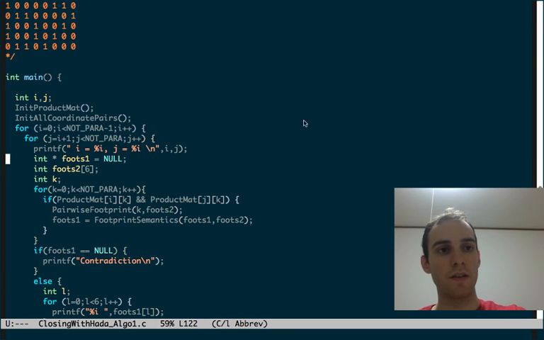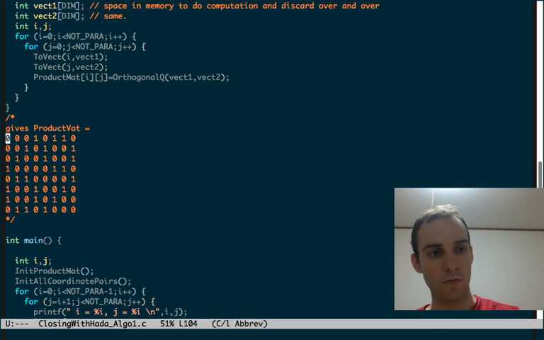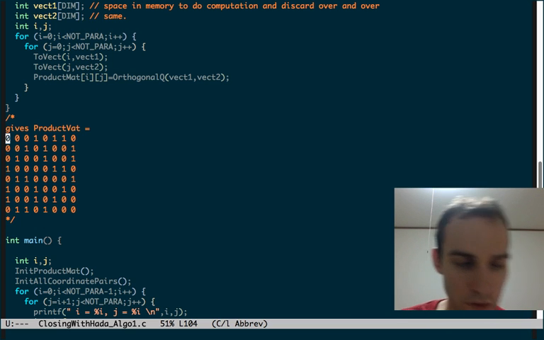One of the things that we could have done to improve performance would have been to compute the footprints for each column only once.